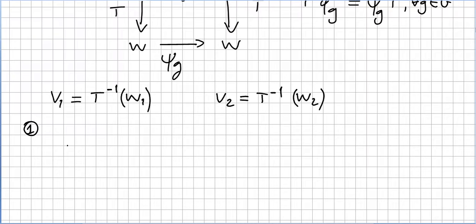First, we claim that V will be equal to the direct sum of V1 plus V2.